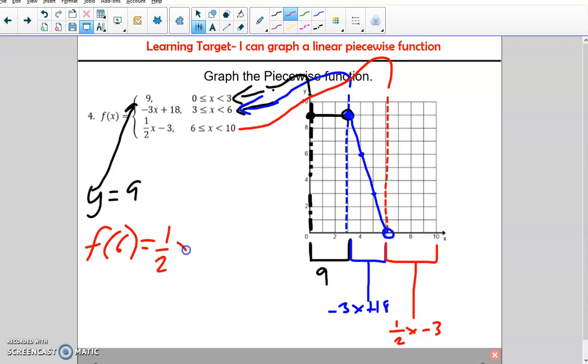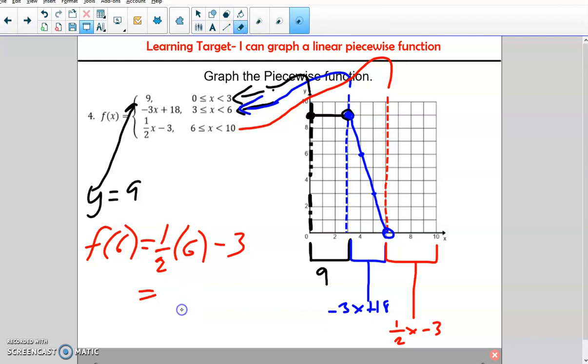Wherever it's got x, I'm going to put parentheses, and then half, this is going to be 6. And so this is just 3 minus 3, which is 0.